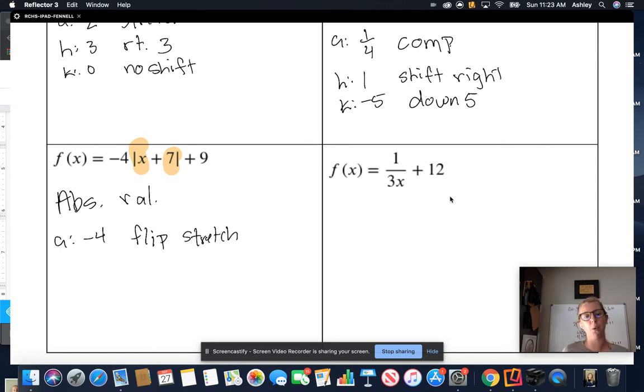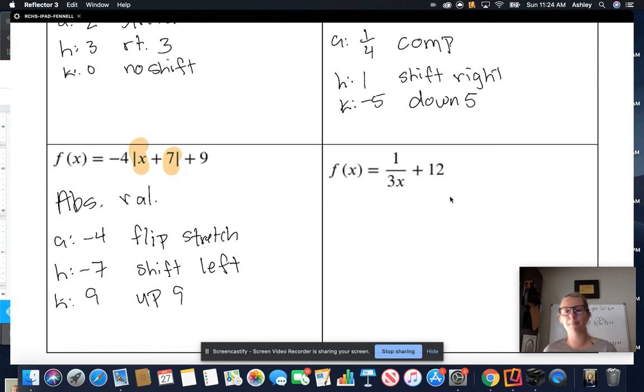Every output will be 4 times as large and going in the opposite direction. H is going to be -7, opposite of what it looks like in that equation there. So this will shift left 7. K is going to be +9, so we're going to go up 9 units.